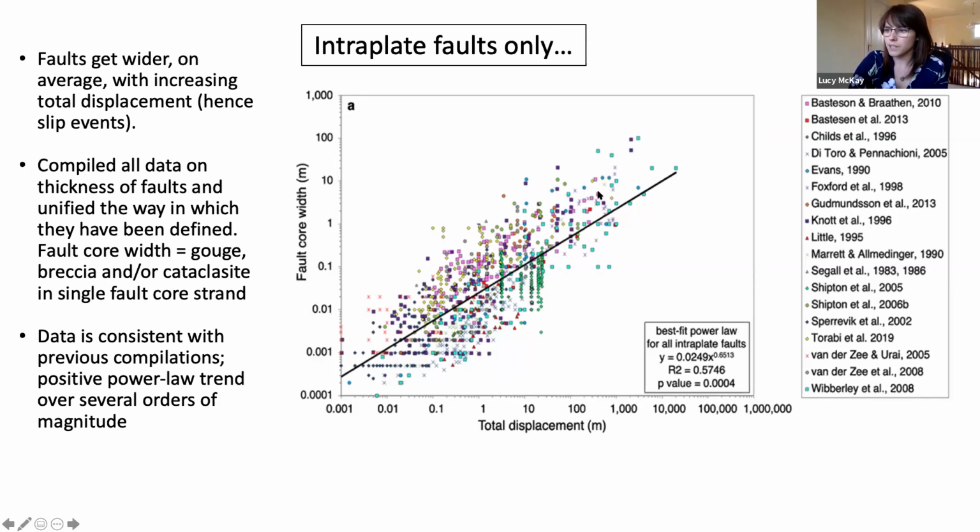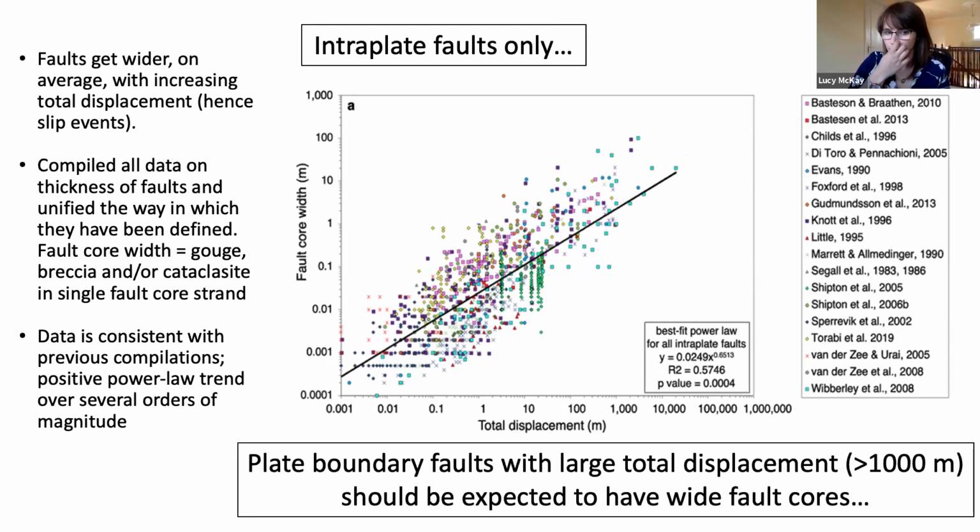So this shows my data for intraplate faults only, which again, similar to other studies that have compiled all these data, intraplate faults do typically get wider the more displacement and the larger they become. But based on this relationship, you would expect large displacement plate boundary faults with displacements greater than 10 kilometers to follow this trend and be up here.